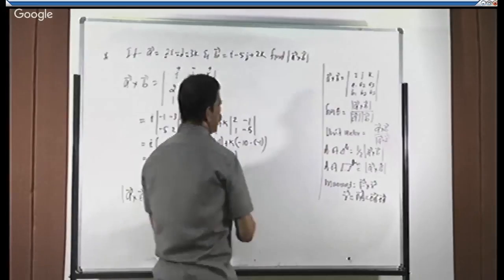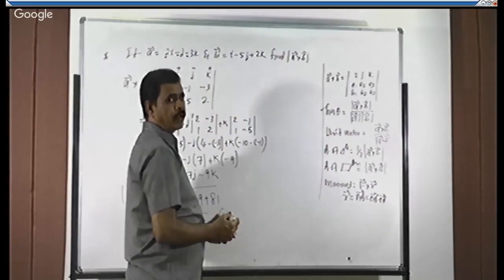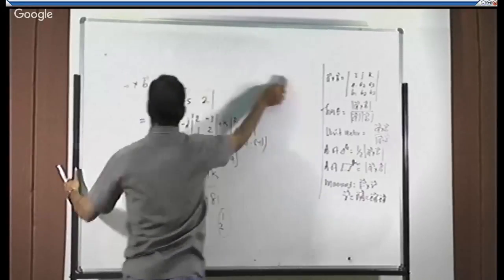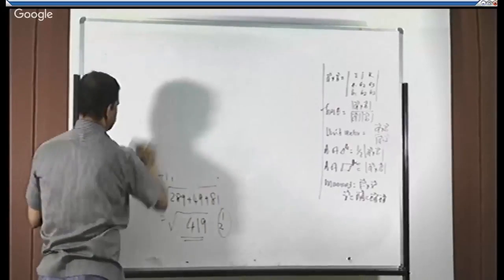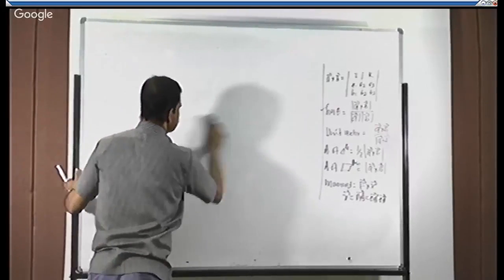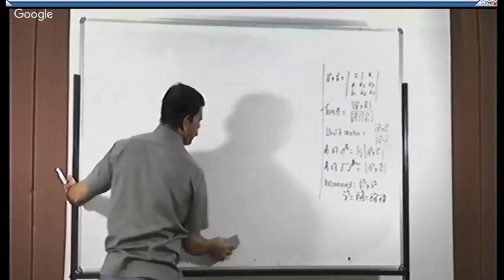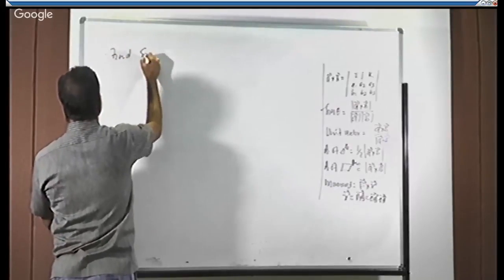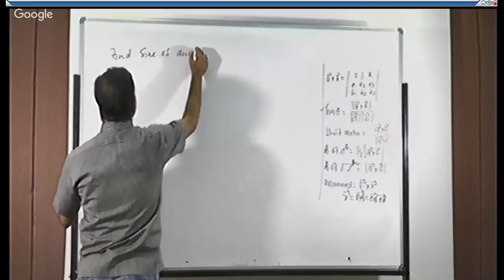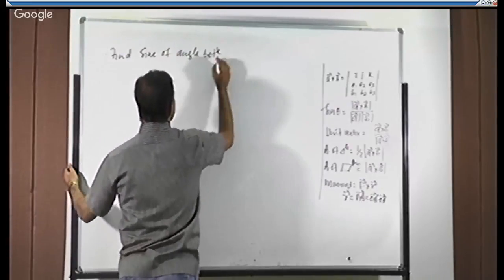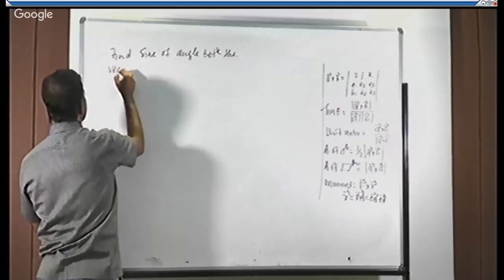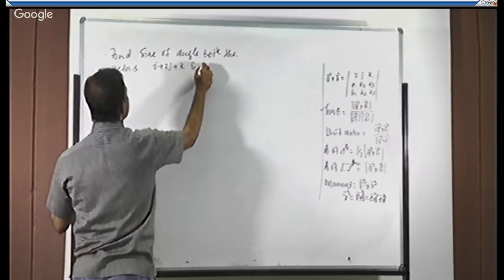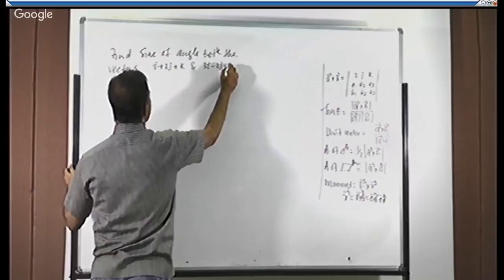Next, let us take a problem on sine of angle between the vector. Find sine of angle between the vectors i plus 2j plus k and 3i minus 2j minus 3k.